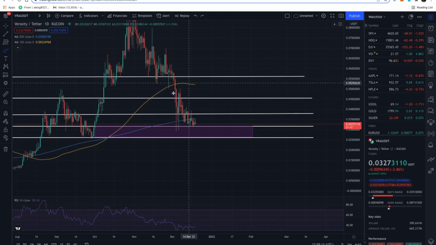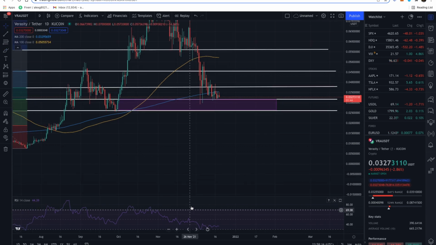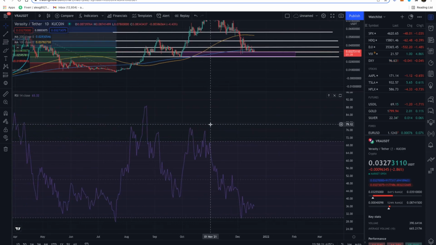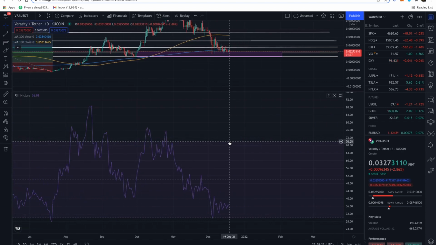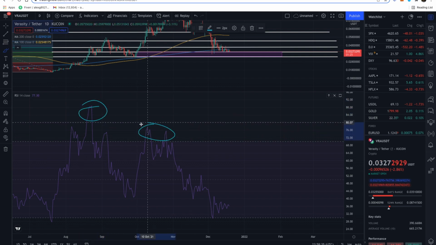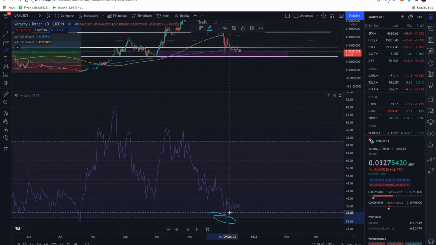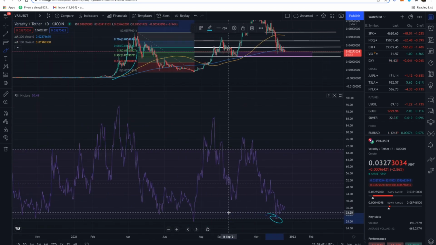The other thing I want to note is that our RSI indicator is looking extremely bullish. The RSI is the relative strength indicator. I don't want to get too into it in the interest of time for this video, but basically when the RSI is above 70, typically it's considered to be overbought. So these would be locations where Verasity would be considered technically overbought. If the RSI falls below 30, so down here, that is when it's oversold, and typically that is when there is a better buying opportunity.